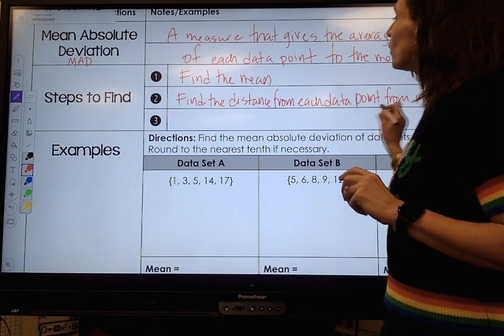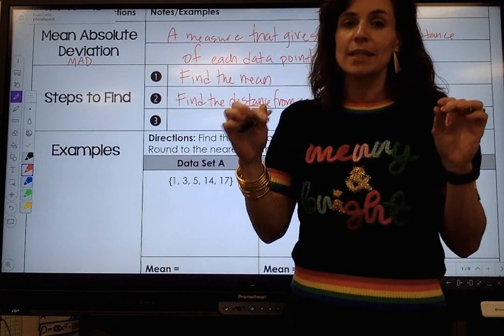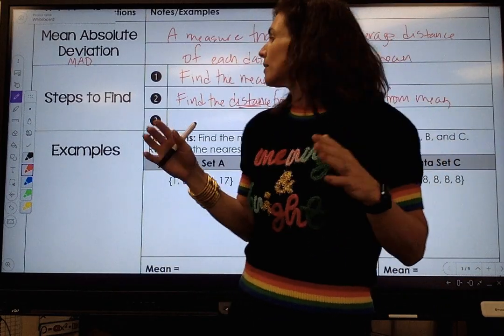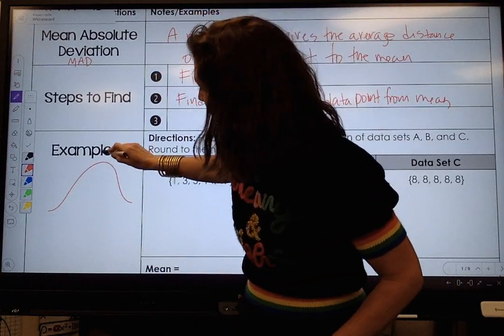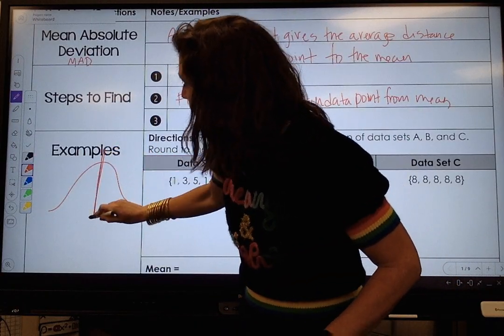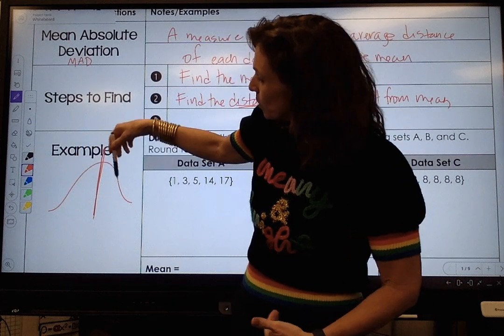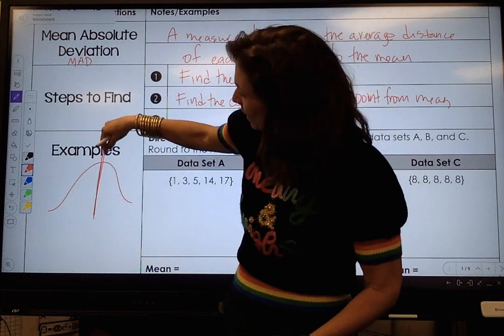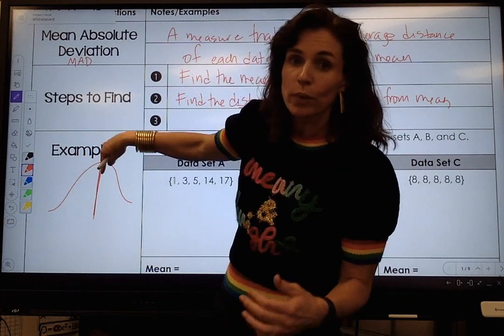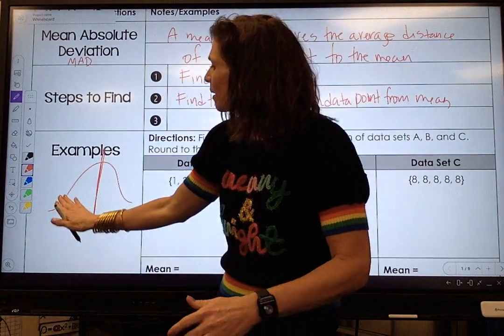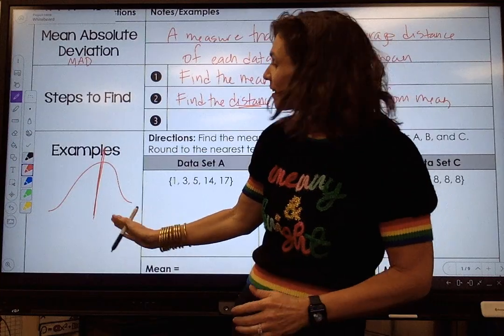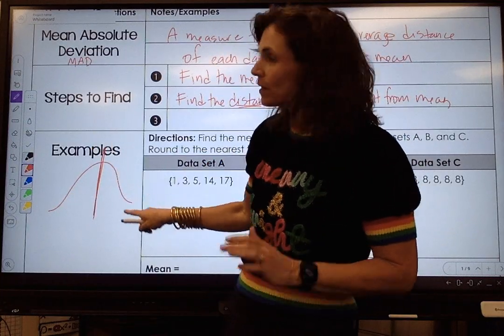And why do we use the word distance? Because distance can never be negative. So it doesn't matter if this is what our normal distribution looks like, okay? So if this were in a perfect world, this would be a beautiful bell curve, and right here in the middle would represent our mean, the average, and it would be perfect. We would have the same number on this side, the same number on that side, and it would be a perfect distribution.